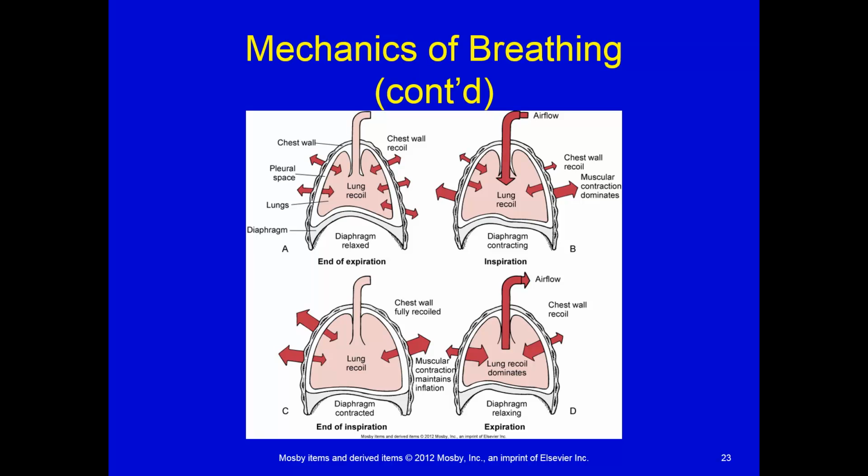Airflow goes out. It just gets pushed out as that recoil occurs. So again, what I really want you to understand is B, C, and D in this slide. B is showing you the perfect example of negative pressure breathing. The volume increases, air just has to come in because it wants to go to the lower volume. Okay?